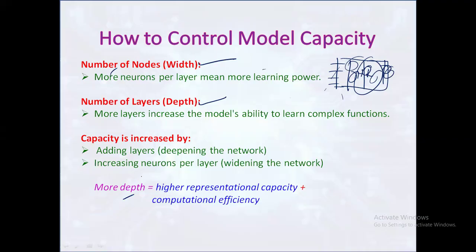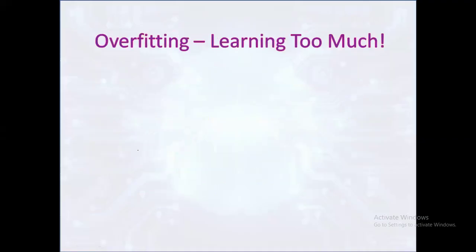So a deeper neural network has greater representation power and can learn more complex patterns. Interestingly, increasing depth can also be more efficient than trying to achieve the same with just a wider, shallow network. Next, overfitting. That means if the model is learning too much, what will happen?